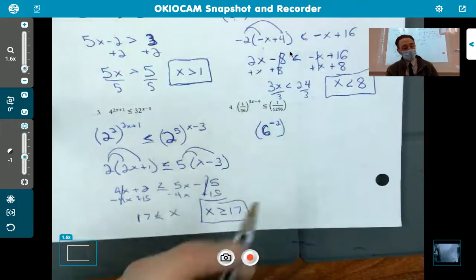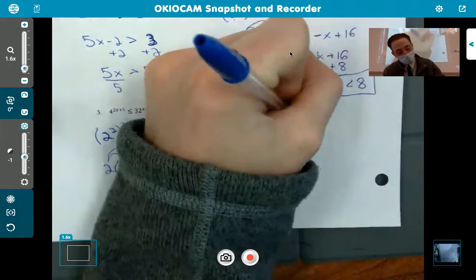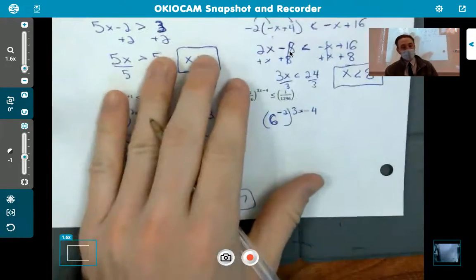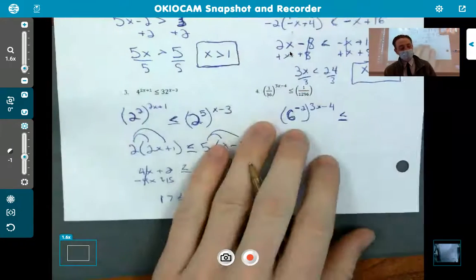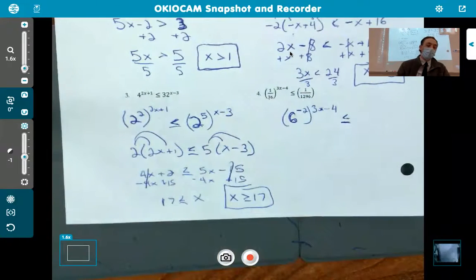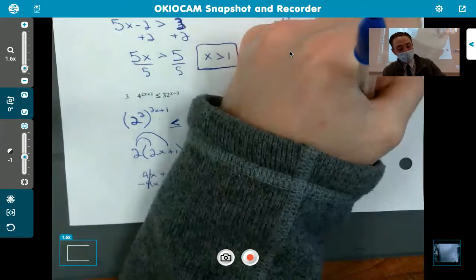What's my exponent? 3x minus 4, good. That's going to be less than or equal to, good. So I have 1 over 1,296. All right. That is 6 to the 4th power, or 6 to the -4th power in this case, since it's a fraction.